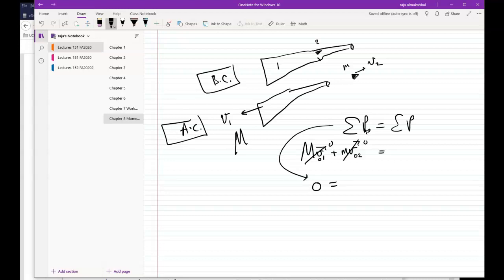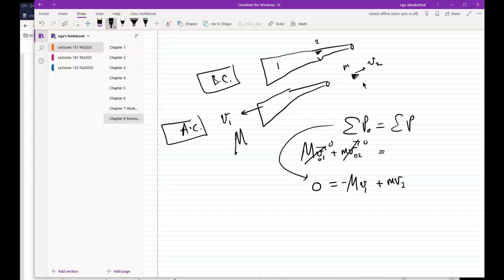Equals to. Now let's look at after collision. What's going on here? Well, the rifle is going to go to the left. The bullet's going to go to the right, assuming this is left and this is right. So that's going to be big M for the rifle, V1 with a minus, plus small m V2 for the bullet. See what I'm saying?